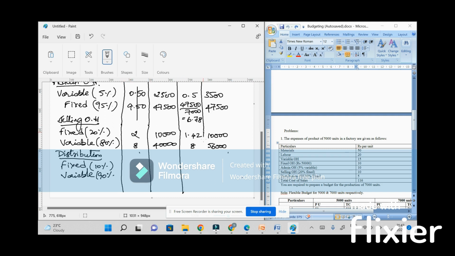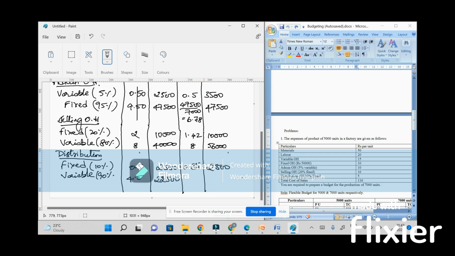The fixed, 10% of 5 rupees, is going to be 0.5. So 0.5 into 5,000 units, and variable, 90% of 5 rupees, is 4.5. 4.5 into 5,000 units is going to be 22,500.